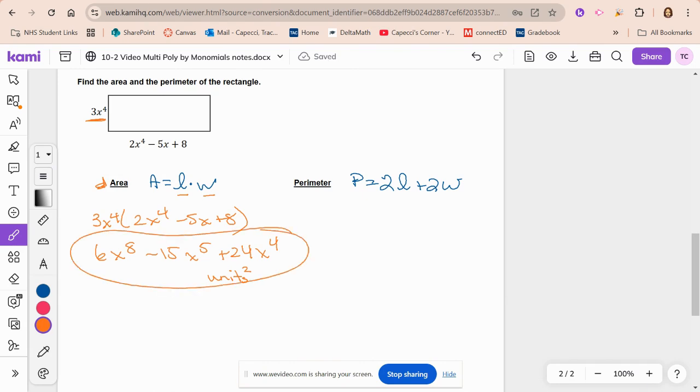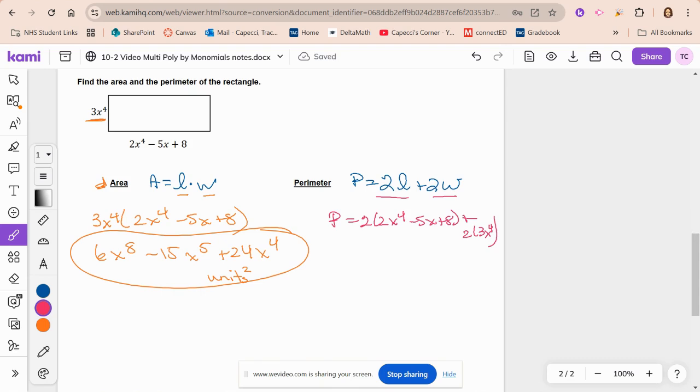Okay, and that's it. Now there's two ways to do the perimeter. I'm going to show you what I think is a little bit of a longer way, but we know that the formula is 2 times the length plus 2 times the width. So 2 times the length is 2 times 2x to the fourth minus 5x plus 8, plus 2 times the width, which is 3x to the fourth.